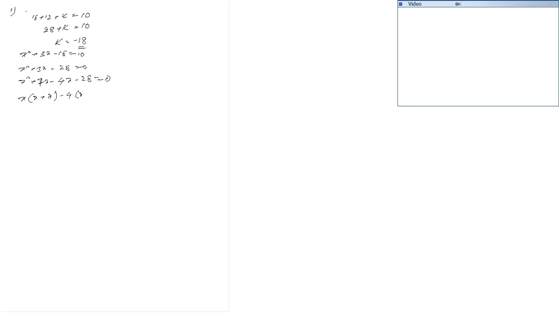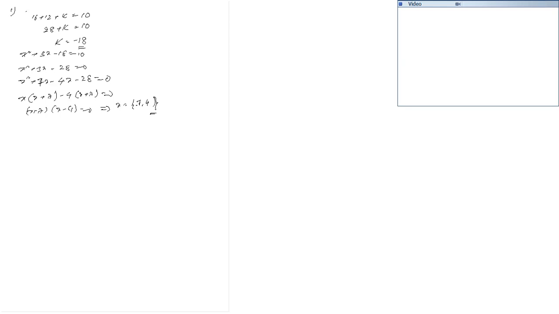So this is (x plus 7)(x minus 4) equal to 0, which implies x is equal to minus 7 and 4. Got it, Pradeep? Yes, got it.